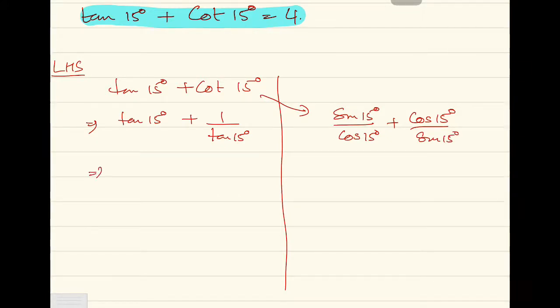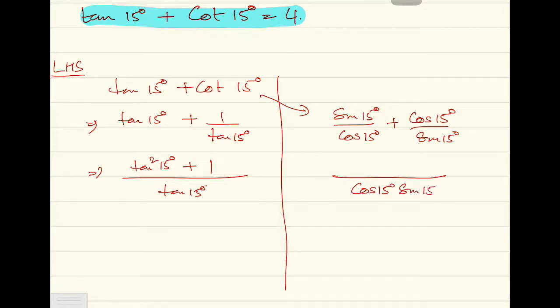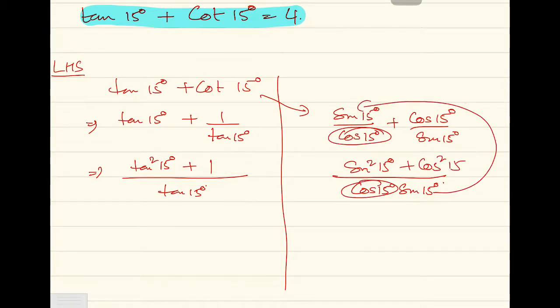Okay, so now I can take LCM here, tan 15 degree, and I'll get here tan square 15 degree plus 1. Here if I take LCM, cos 15 degree, sine 15 degree, both will be the LCM, and I'll get here sine square 15 degree plus cos square 15 degree, because for cos and cos the sine moves up, and for sine and sine the cos moves up, isn't it?